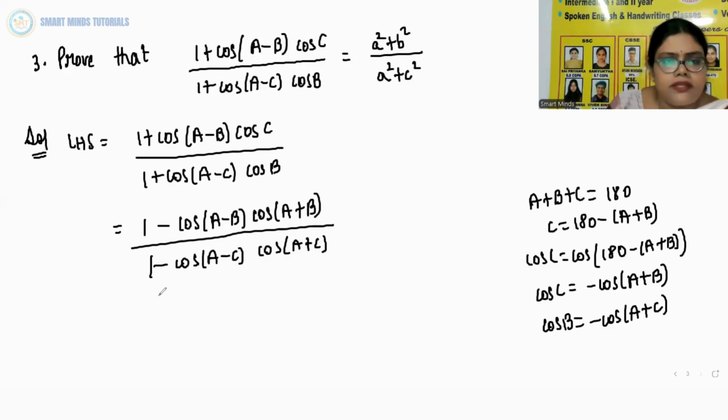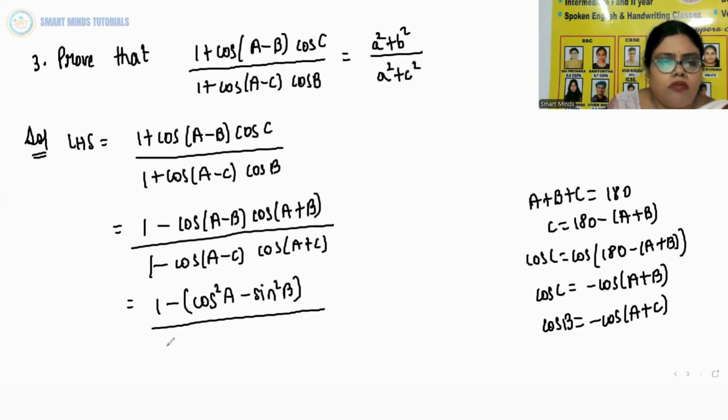Now we can write this as: 1 minus cos(A minus B) cos(A plus B) can be written as cos square A minus sin square B. We have a formula. Again 1 minus cos(A minus C) cos(A plus C) can be written as cos square A minus sin square C.